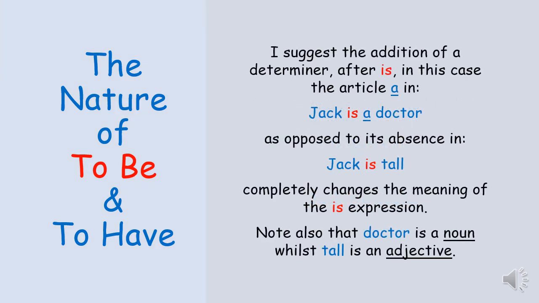I suggest that the addition of a determiner after is, in this case the article a, as in Jack is a doctor, as opposed to its absence in Jack is tall, completely changes the meaning of is. Note also that doctor is a noun whilst tall is an adjective.